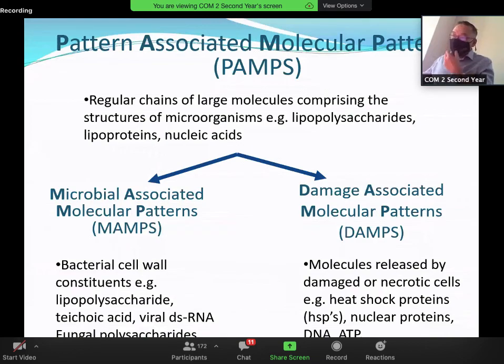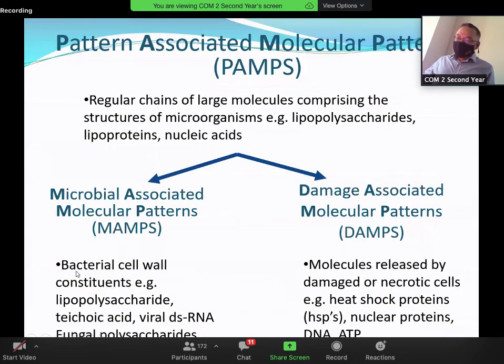So this group of antigens, which you call PAMPs, we can divide them into antigens or PAMPs which are associated with microbes, whether they're bacteria, viruses, or fungi. So during an infection, we call these microbial associated molecular patterns, or MAMPs.